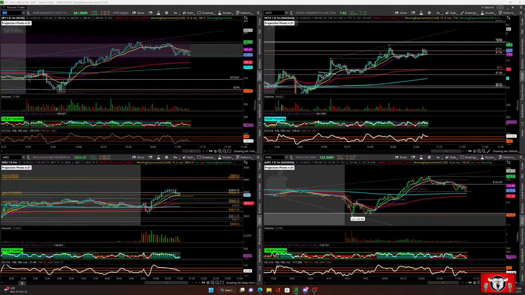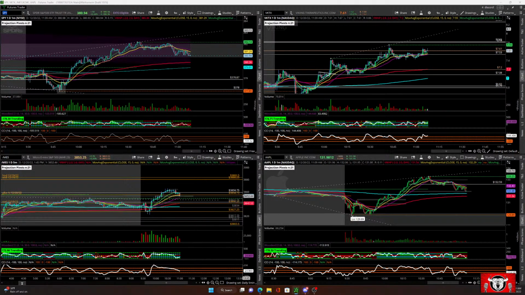I get the feeling that if this breaks this 380.75 zone, it's going to retrace right back to the open. So be a little cautious there. It also looks like it could be a pullback, because we did get 1, 2, 3 touches, actually 4 really. But it could be a pullback.